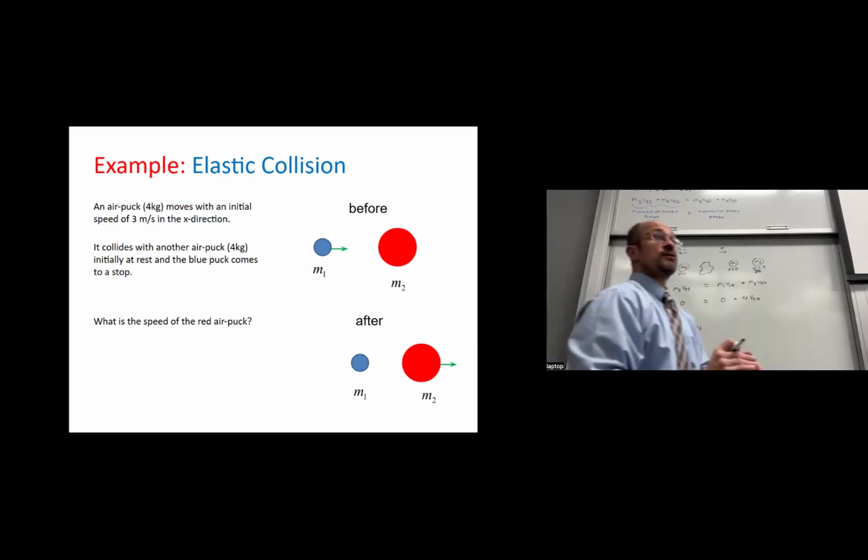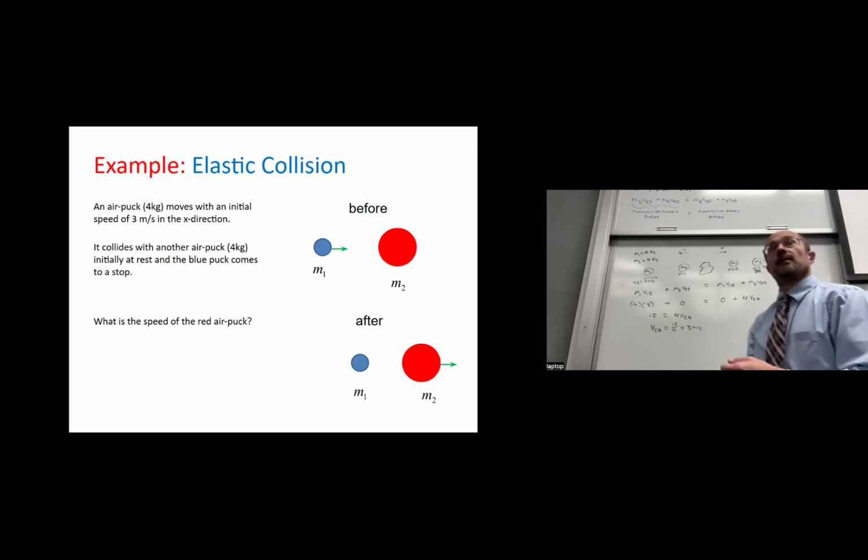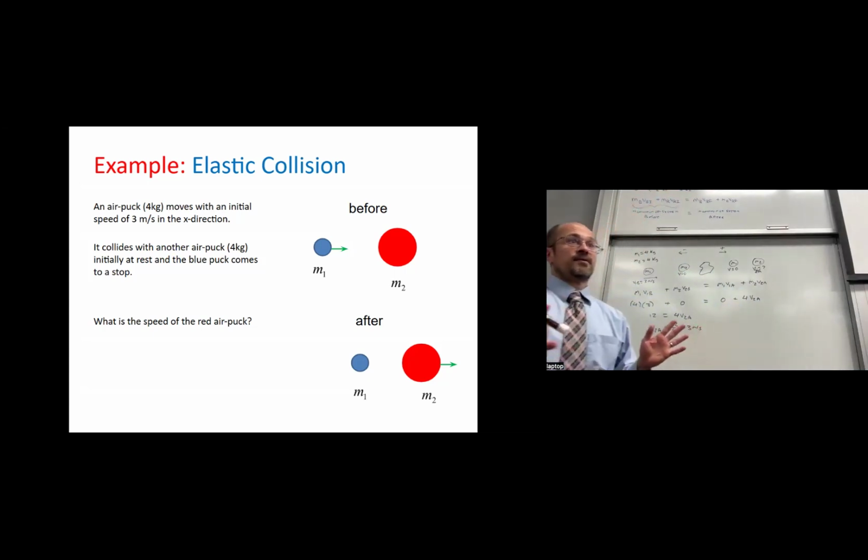And that's exactly the first collision that I demoed over here, where we see the one object was initially moving, the other was stationary. There's interaction, the one moves, the other comes to a stop. Is everyone good with that?